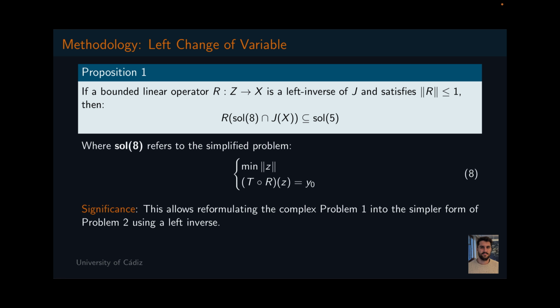By utilizing this left inverse, we reformulate our minimization problem purely into the standard form of problem 2, but now utilizing the composed operator T composed with R. This fundamentally simplifies the topology we have to navigate.